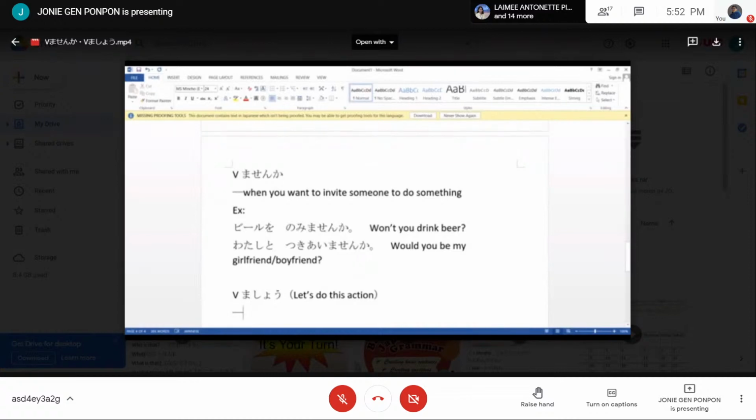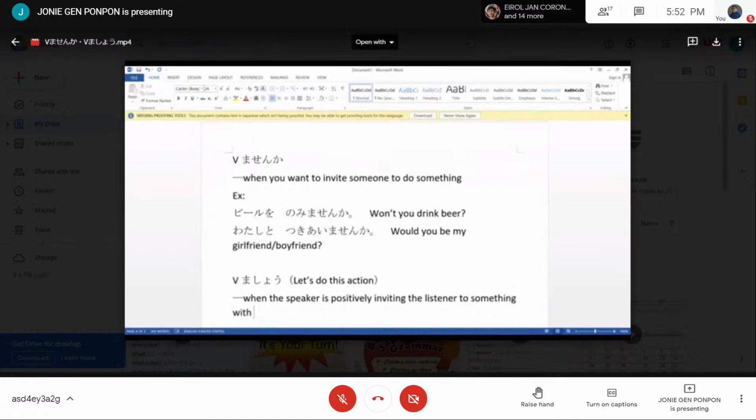Another one is when you use this verb masho, the speaker is positively inviting the listener to do something with the speaker, of course. So, it's the two of you, because it's "let's."